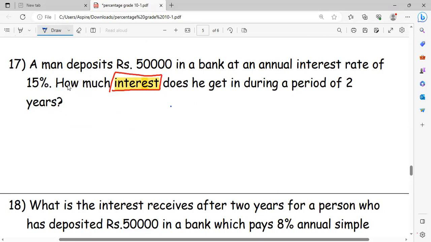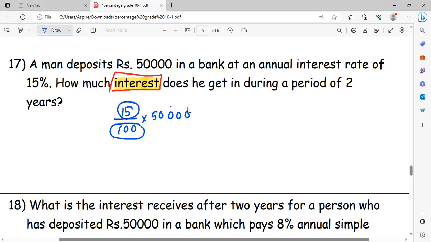Okay. Then here percentage of the deposited amount. Percentage is 15 out of 100 times 50,000. Why do I always write it like this when you have to find the interest? It's because if the amount that we deposited is 100, then the interest given is 15 rupees.